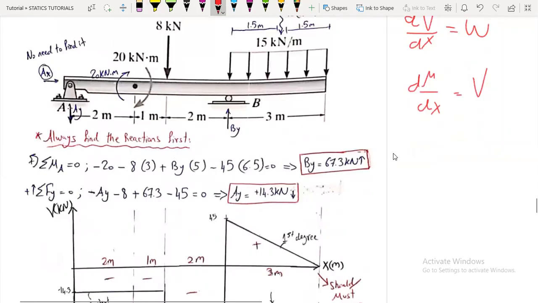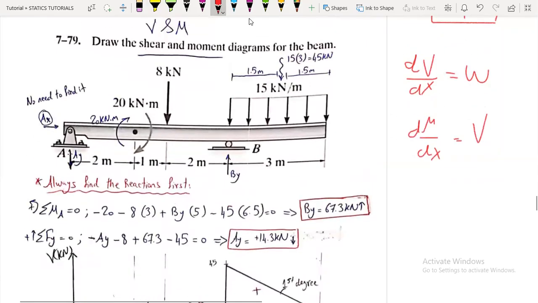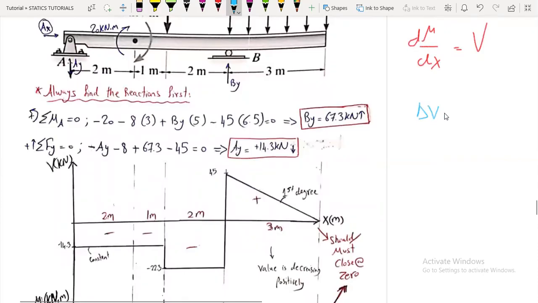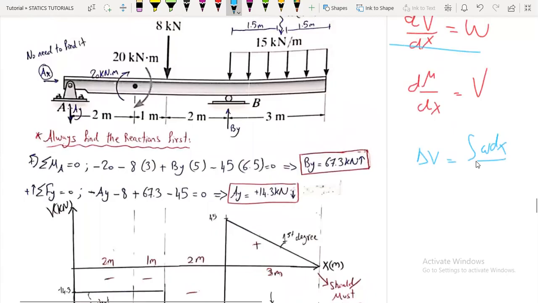This will help us determine the directions of the curve. And if we integrate, what do we get? From the first equation, we get delta V equals the integral of w dx, which means the change in the shear between any two points is equal to the area under the distributed load curve. I will explain this.